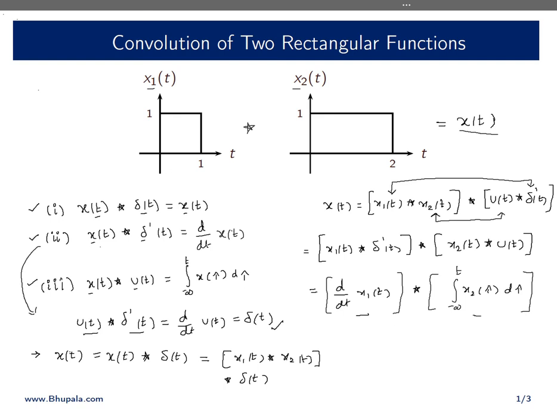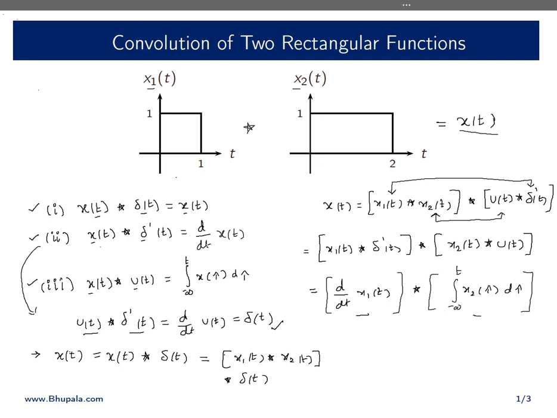Note that x1 of t is a rectangular function from 0 to 1, and hence the derivative of this rectangular function will have two Dirac delta functions at 0 and 1, the details of which can be obtained by looking at the video given in the above link.